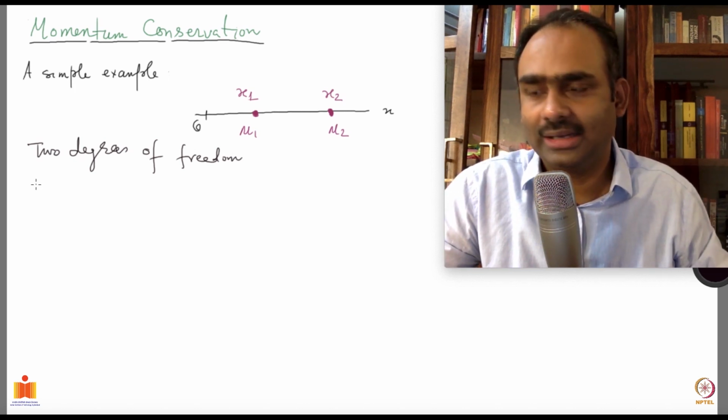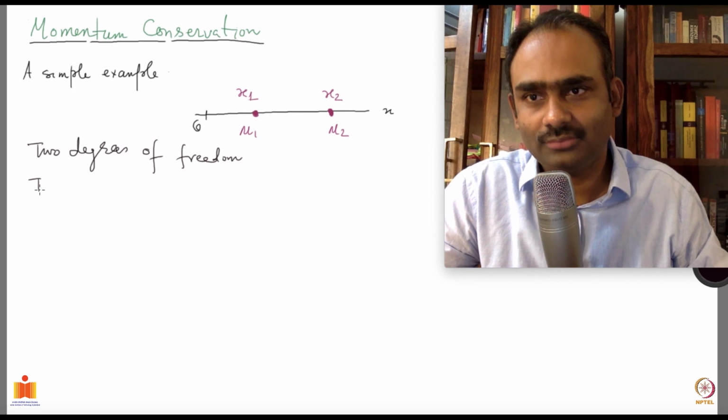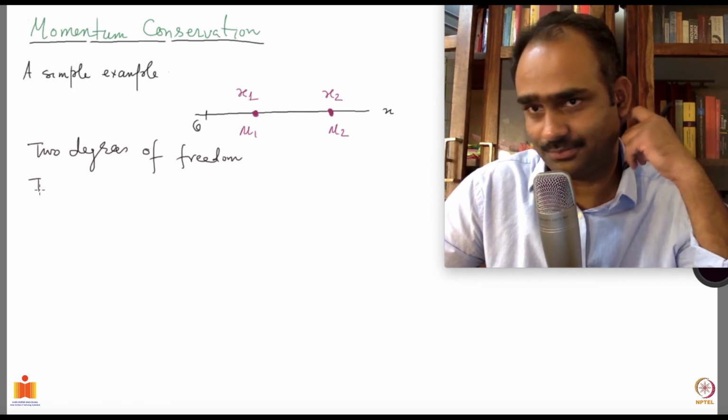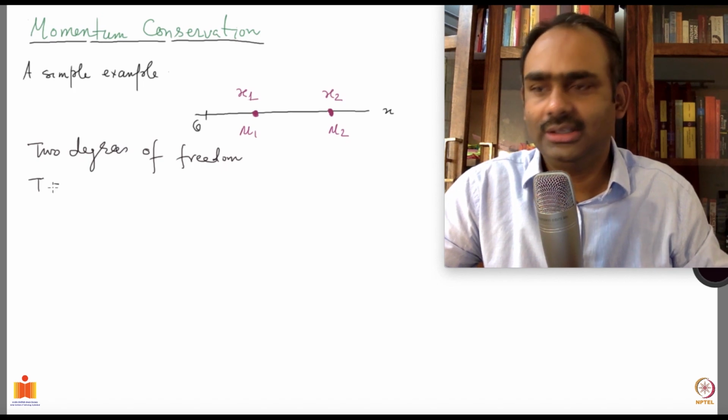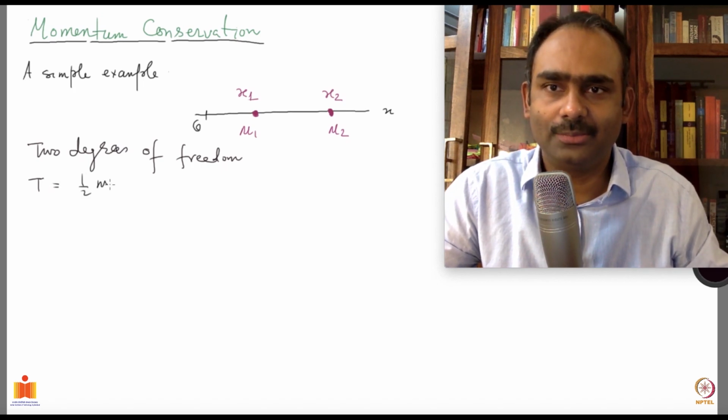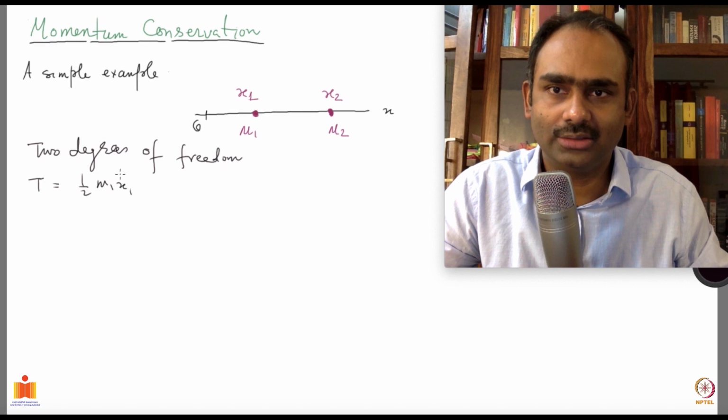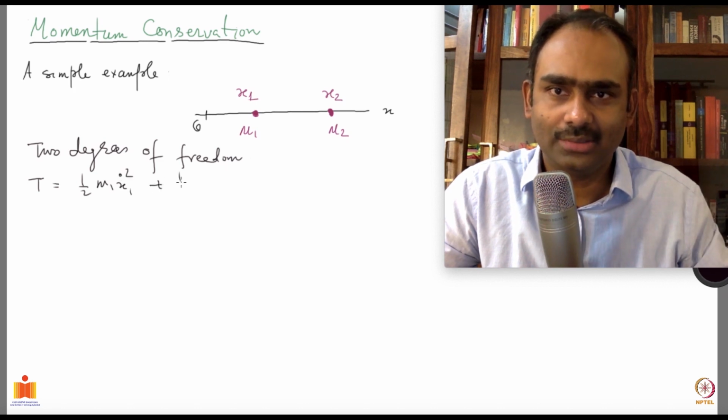Let's write down the kinetic energy and the potential energy to construct the Lagrangian. So your T is half m1 x1 dot square plus half m2 x2 dot square.